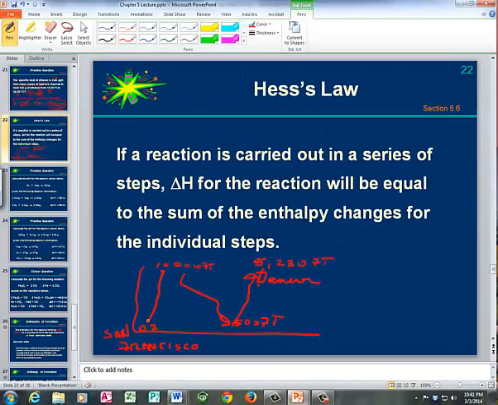So if I were to add up the changes in altitude, if I went from 0 to 10,000 feet, that's a plus 10,000 feet.